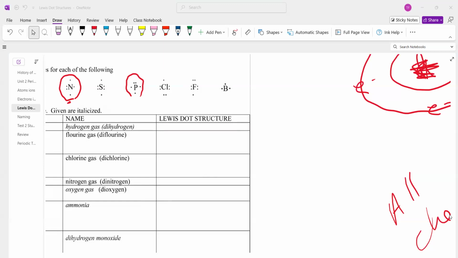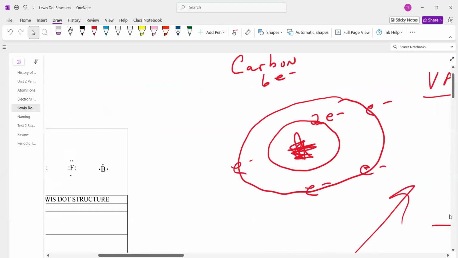So if we put here's carbon, and we haven't talked about atomic structure yet. This is the Bohr atom here. Bohr atom is based on the planetary concept, like we have in the solar system.